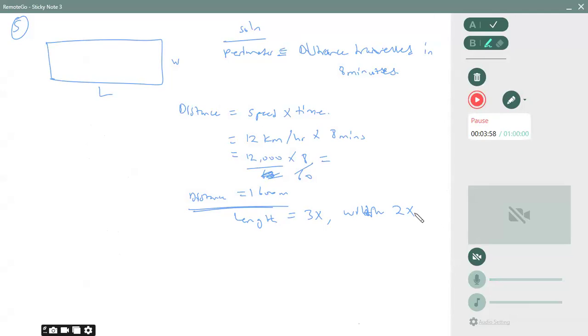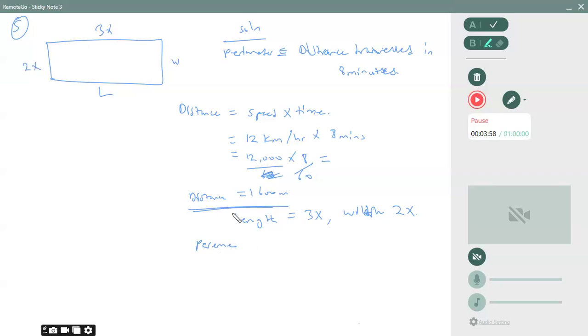Now they told us something about the perimeter. For the perimeter, the length here is 3x, here it is 2x.